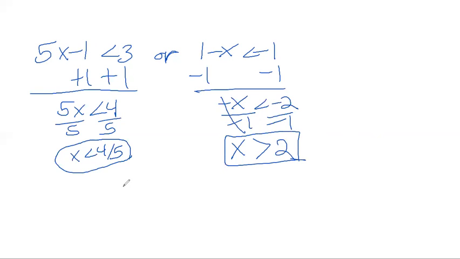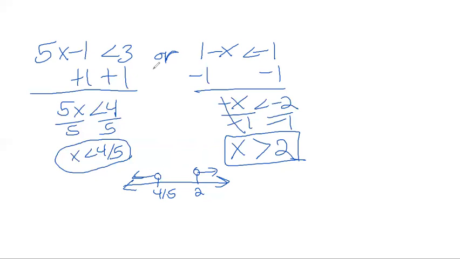So if I were to graph this on a number line, I have 4/5 going that way, and I have 2 going this way, then notice how I have an open circle. Why? Because there's no equal sign under these. So that's why I have it drawn this way, with an open circle.